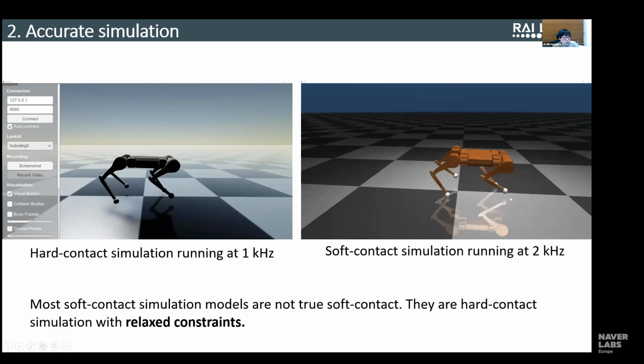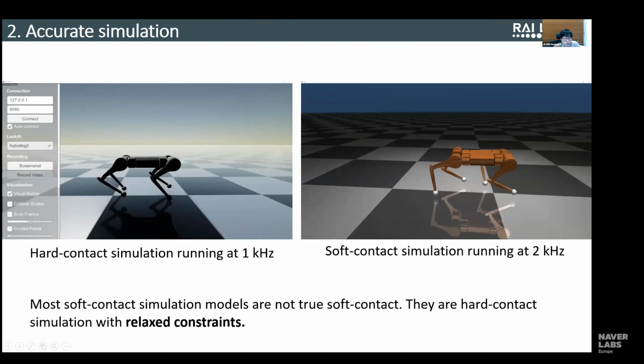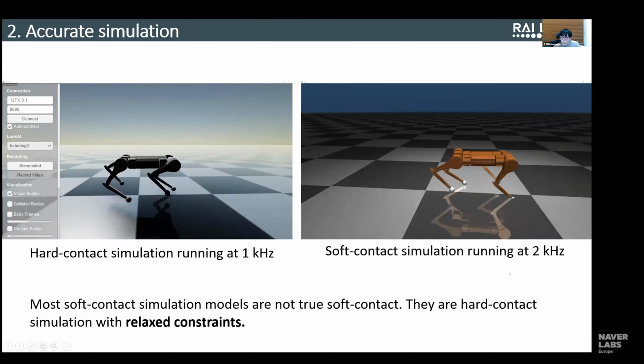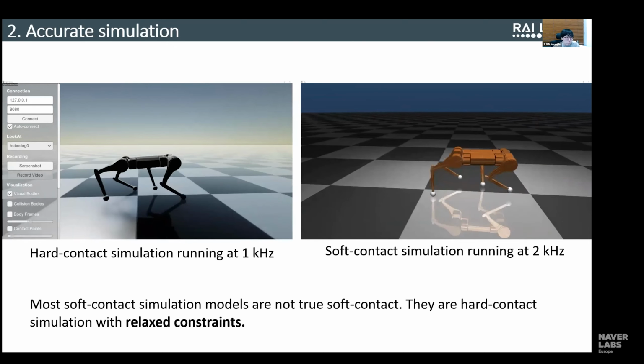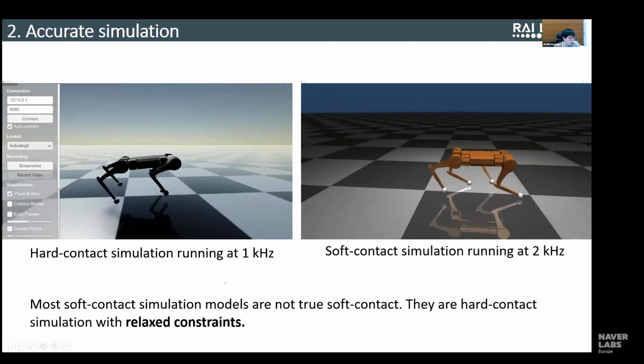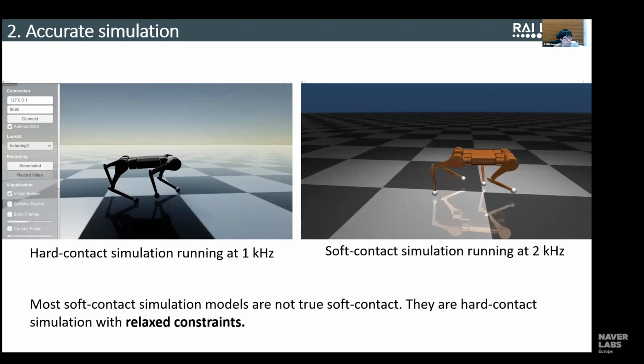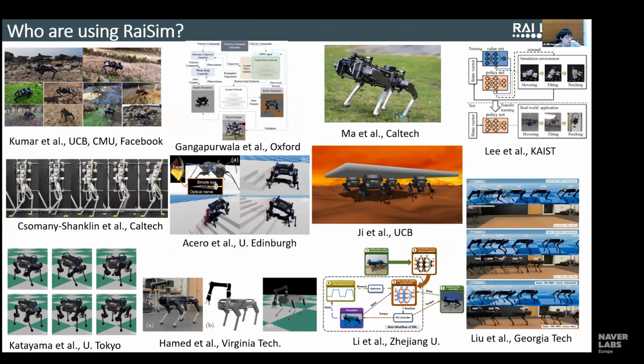Even here, the feet penetrate differently depending on the contact condition. Of course, I don't know what's inside the simulation, but that's not a consistent behavior. So I argue that hard contact simulation is better. Nowadays, it's being used: many people have published using RaiSim, and it's good to see that it's not just my group, but everyone around is also using RaiSim and publishing good research work with it.